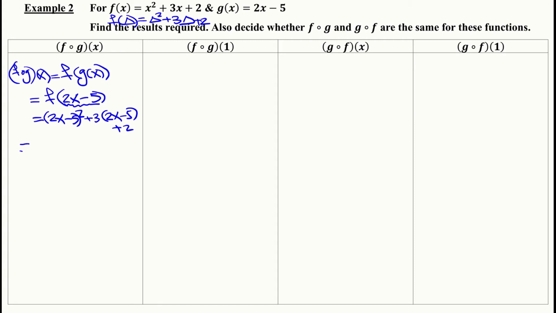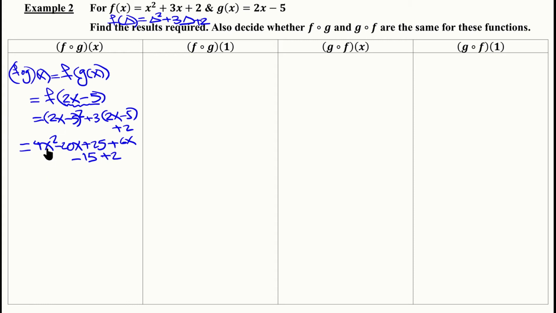So now we're going to square 2x minus 5. We know that becomes 4x squared minus, remember, 2 times the first times the last, so 4x times 5 is 20x, plus 25, and then plus, now we're going to distribute the 3 here, so we get plus 6x plus minus 15 plus 2.